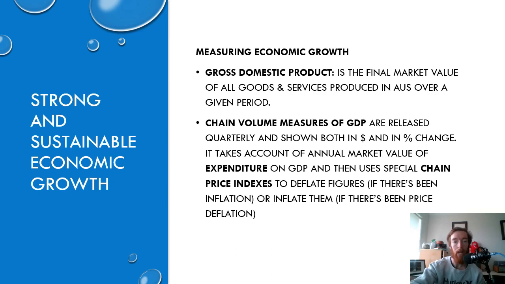So this tries to get us a more accurate figure for GDP based on the situation that we are in. So essentially chain volume GDP, or real GDP as it more often gets called, either removes the effects of inflation or adds on value if deflation has occurred, which is a worry in the next quarter.